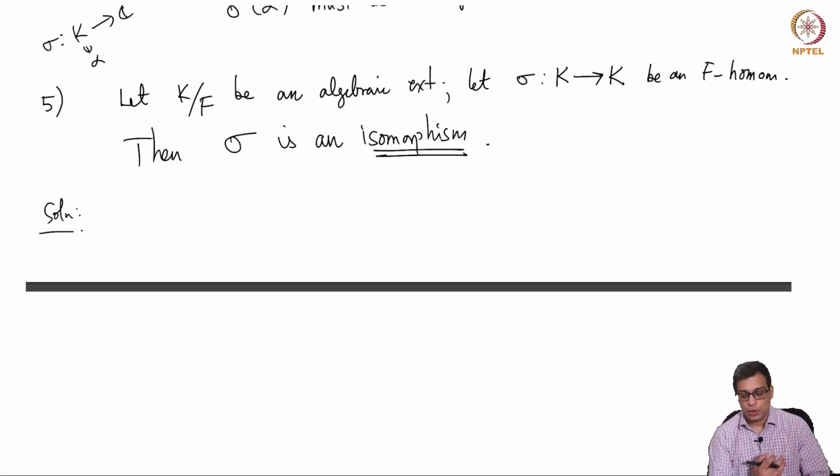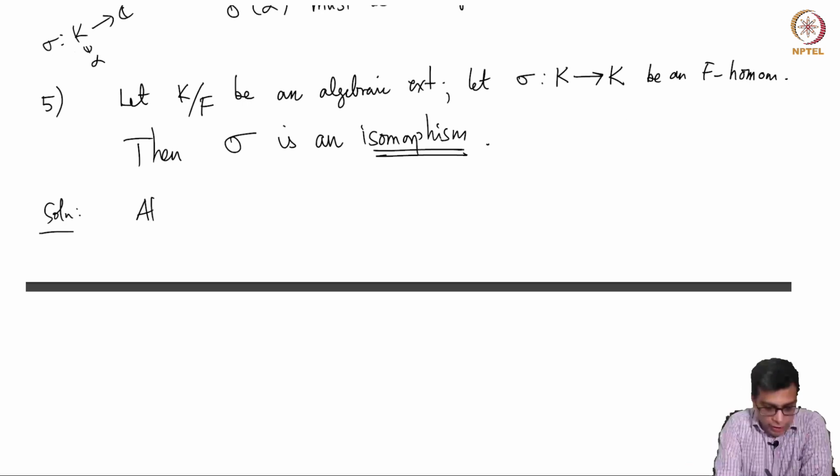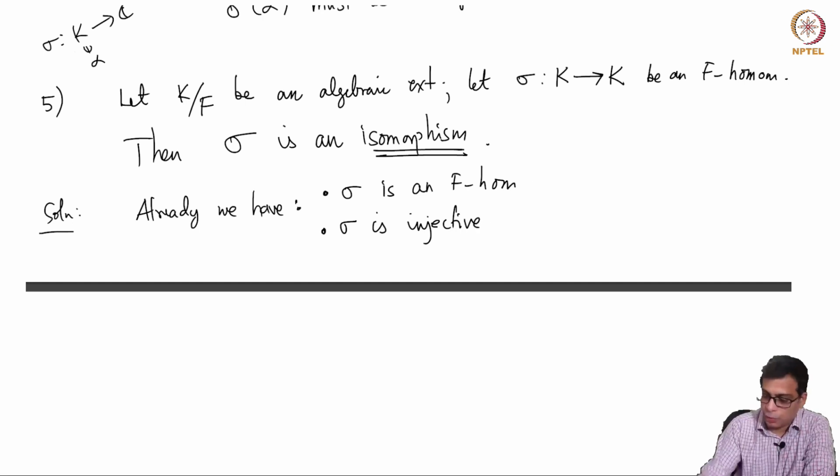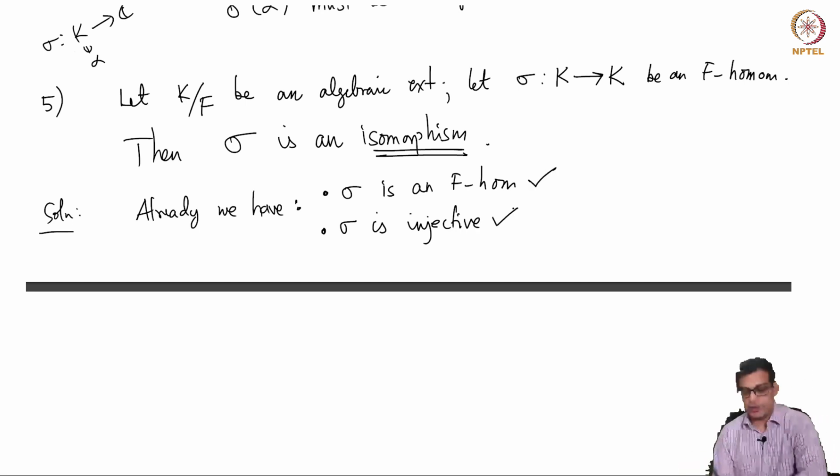Solution. So remember, it is an F-homomorphism, it takes K to K. So of course the statement is that σ is an F-isomorphism. That is, an F-homomorphism is given, it is injective is given.